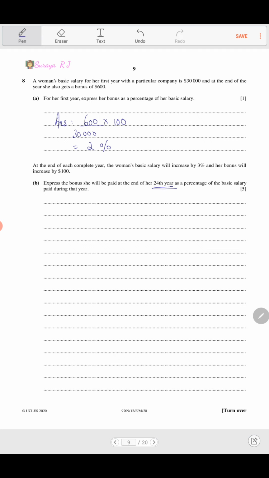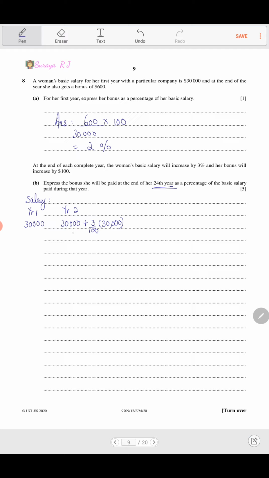So let's consider salary. For year 1, her basic salary is 30,000. In year 2, it will increase by 3%. So we have to take 30,000 plus 3% of her basic salary in the previous year, that is in year 1.